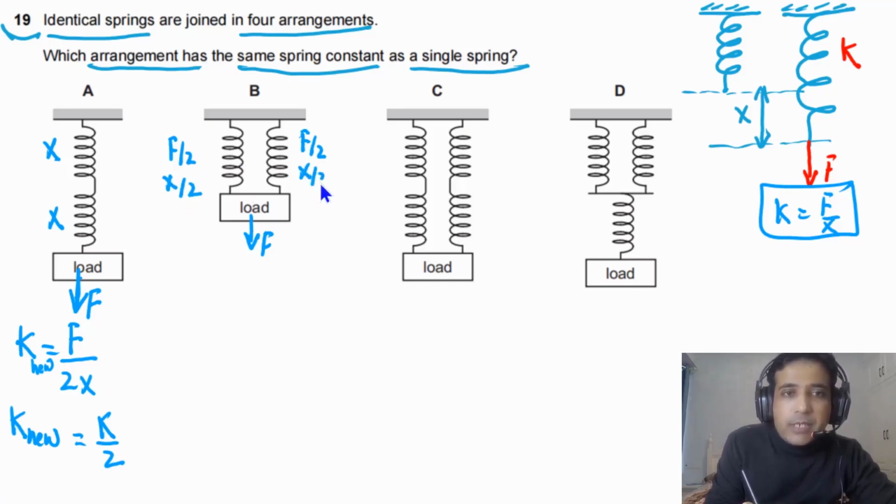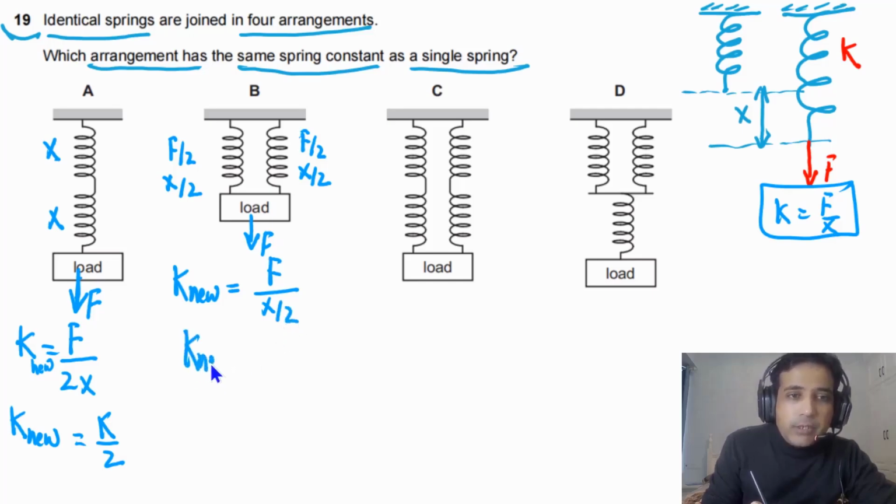So now we can find out K new, with the total force F and the total extension X by 2. So K new will be equal to 2F by X, which is 2 times K, meaning the spring in this case is more stiff because it has a higher value of spring constant.